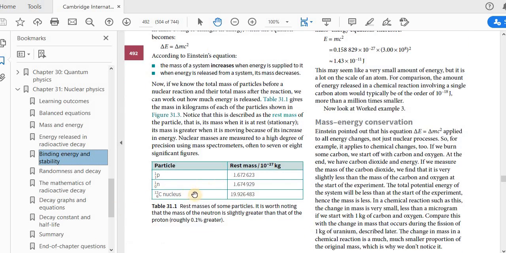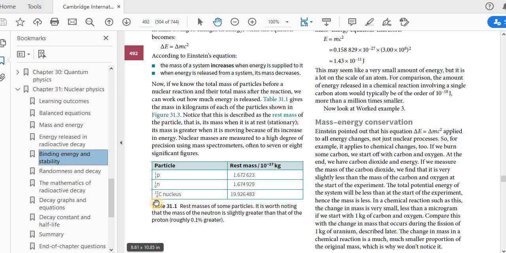Okay, so you can see here, this is the mass of a proton, this is the mass of a neutron. You can see the mass of a neutron is a little bit higher than the mass of a proton. And in the carbon-12 nucleus, 12 minus 6 is 6, which is the number of protons. So this has 6 neutrons and 6 protons.